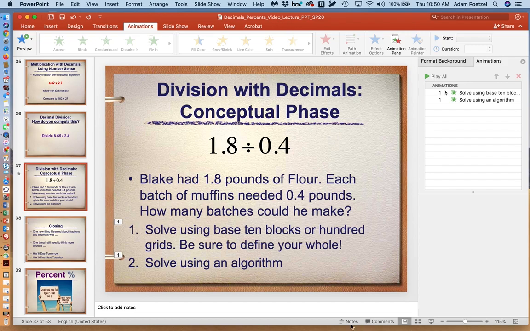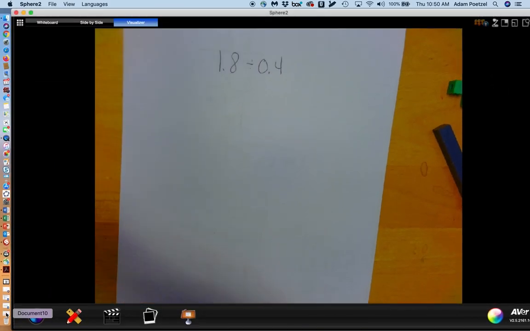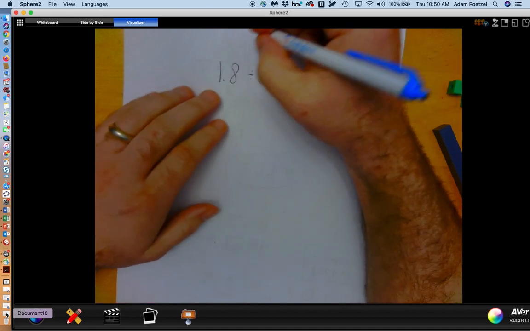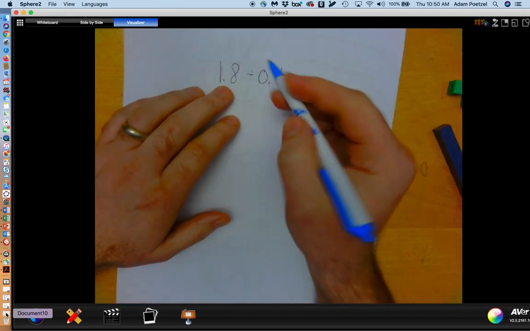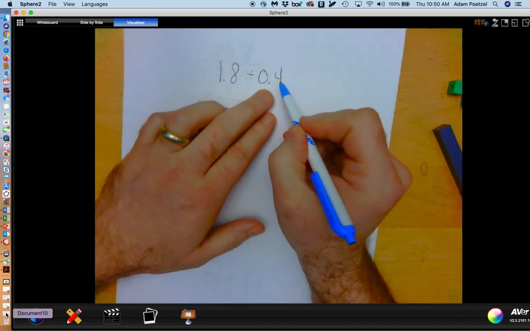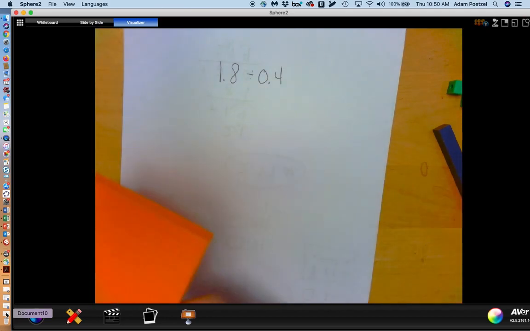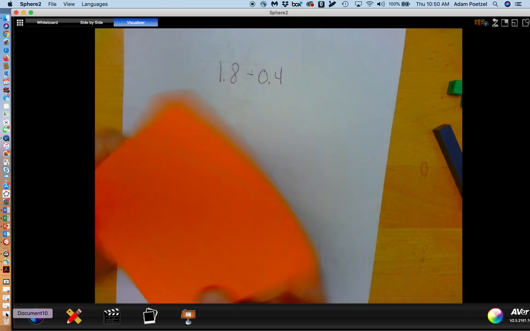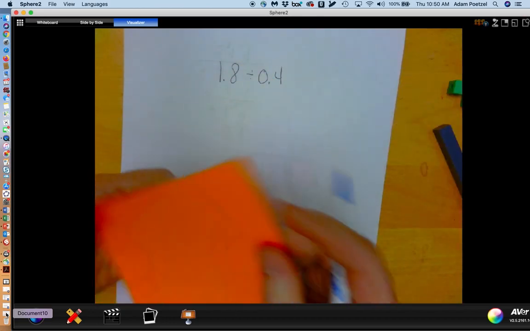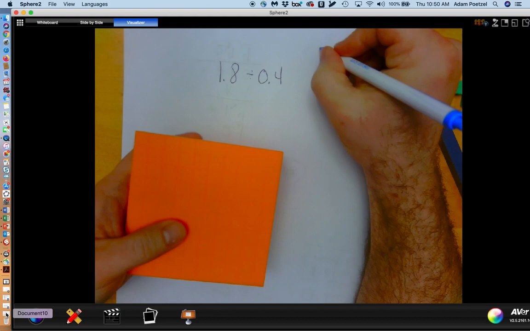So let's pull this back up here. All right, to this one. Oh, right here. There we go. All right. So we had 1 8/10 pounds of flour, or 4/10 pounds for each batch. So how many batches? So let's go back, and again, we could do different things, but I could have this be a whole again. So the question here is, what would this whole be?